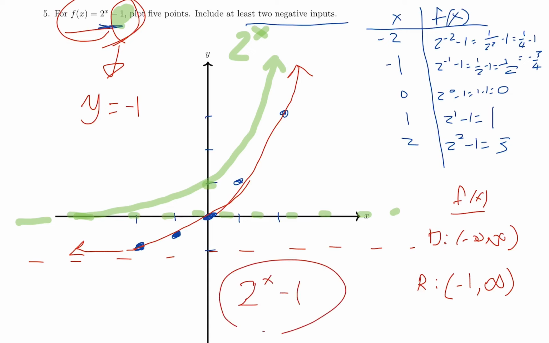This output can never equal -1 because we can make this value very small by putting in a negative exponent. If I put a very small number there, it will make this entire quantity very small. But still, 2 raised to any power can never be 0. So that's why we'll be approaching -1 from above.